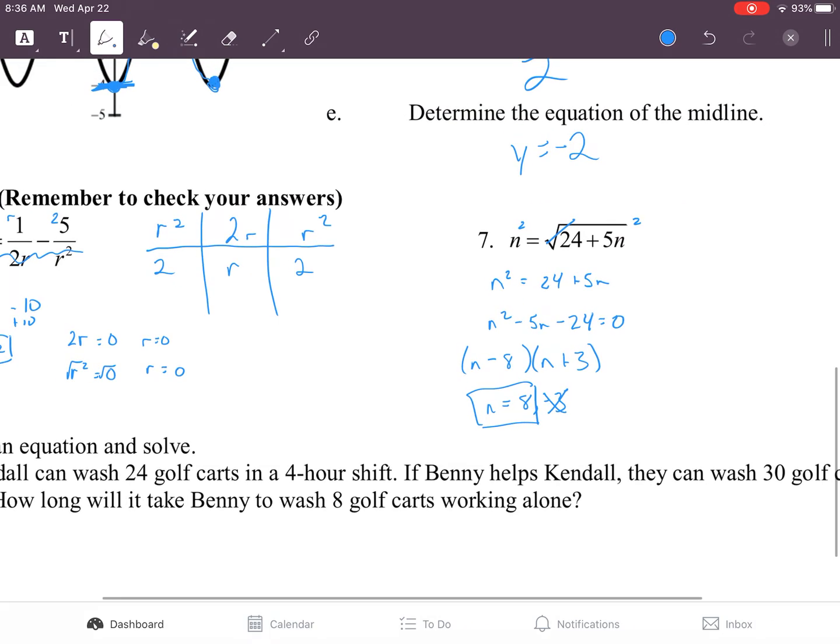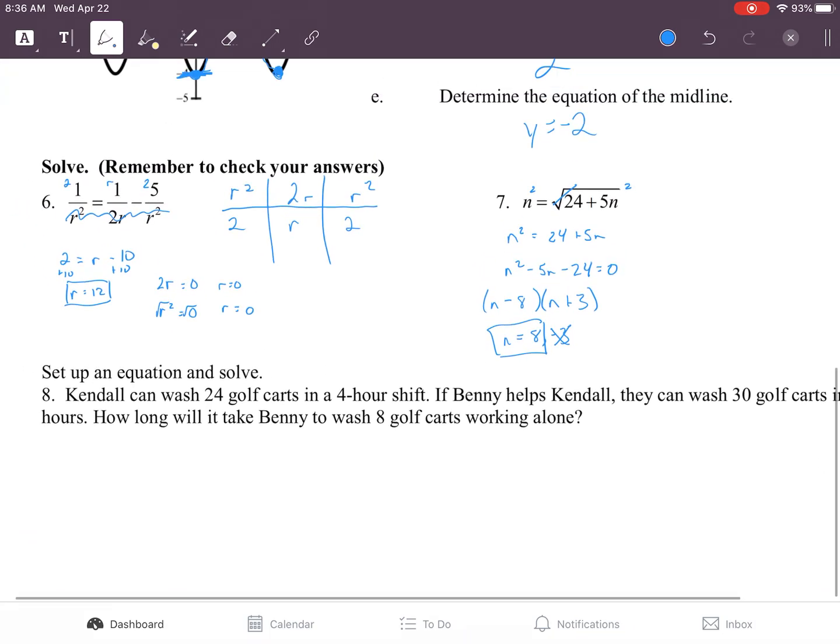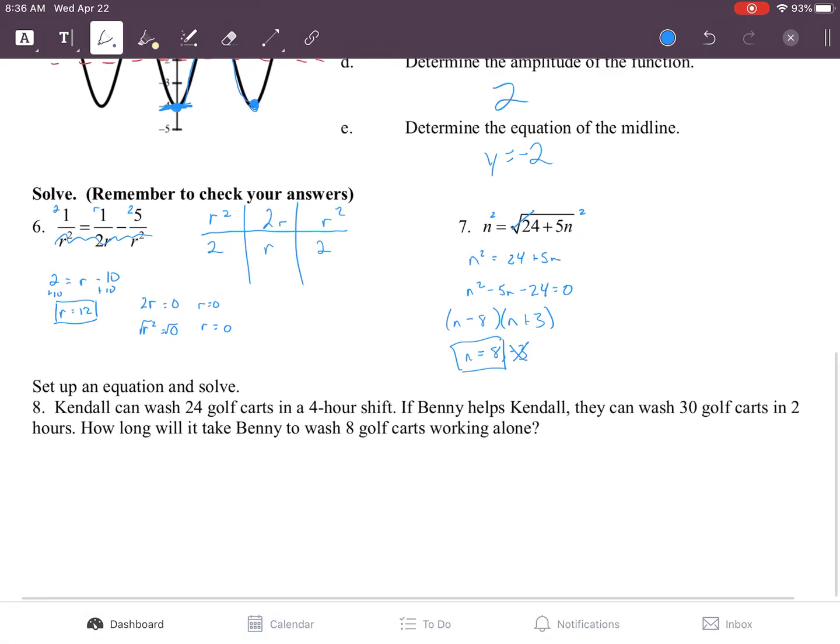All right, last one. So we have Kendall can wash 24 golf carts in a 4-hour shift. Benny helps Kendall. They can wash 30 golf carts in 2 hours. How long will it take Benny to wash 8 golf carts working alone? Okay, so we have Kendall, Benny, and together we have washing, let's do golf carts, and then hours.